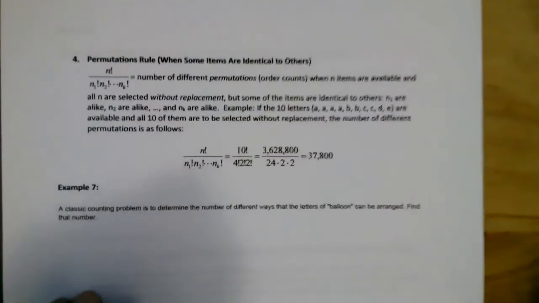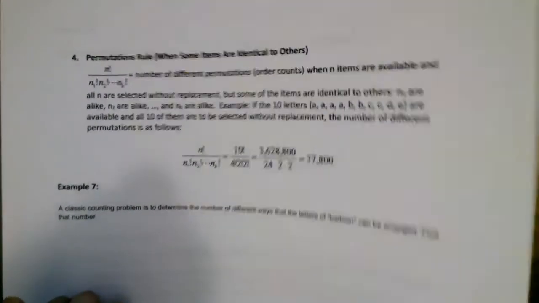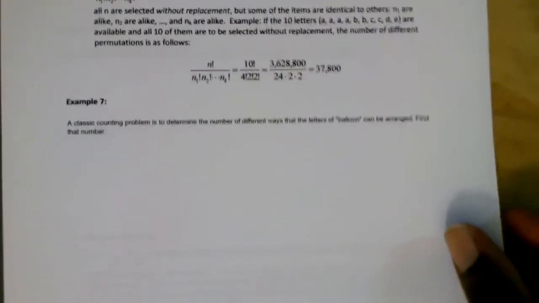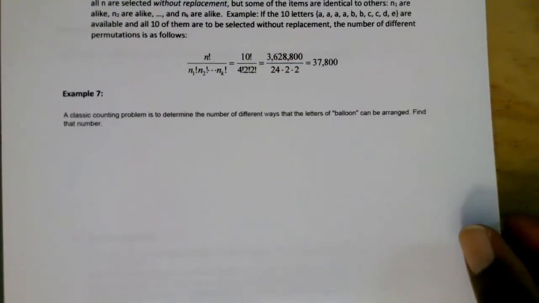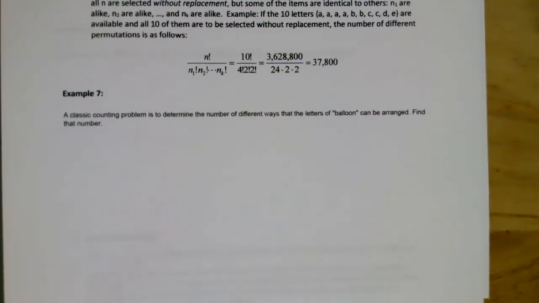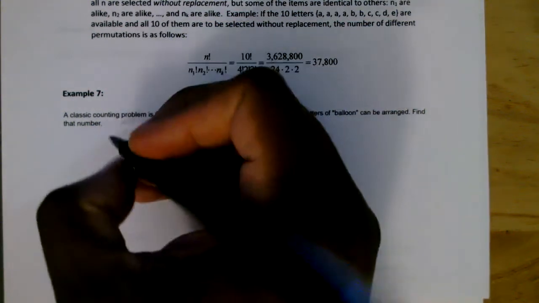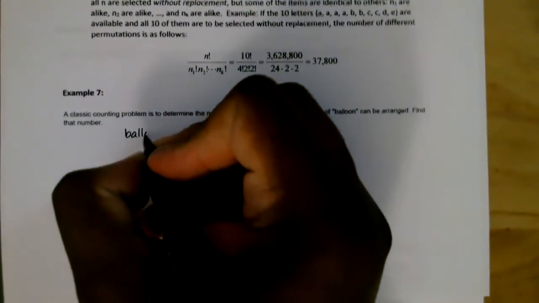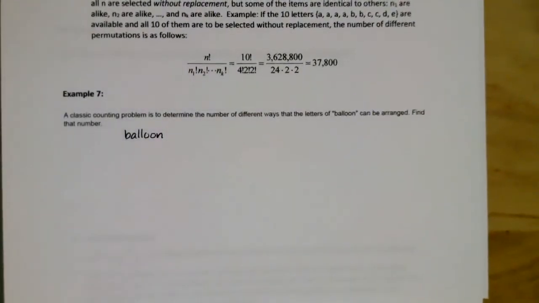All right, take a look at example 7. A classic counting problem is to determine the number of different ways that the letters of balloon can be arranged. Find that number. So here we have the word balloon. And we want to find the number of different ways that the letters in that word balloon can be arranged.